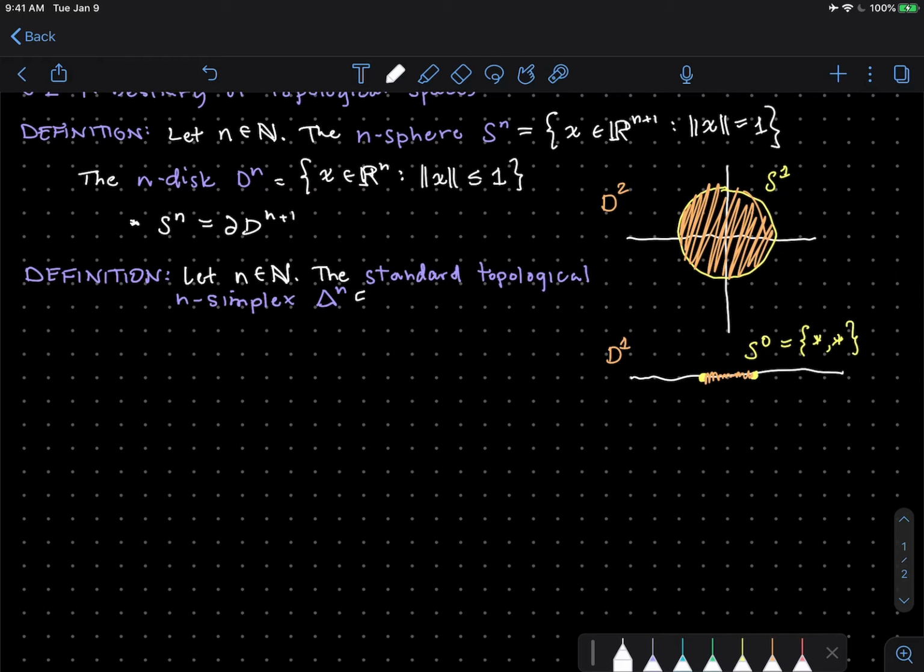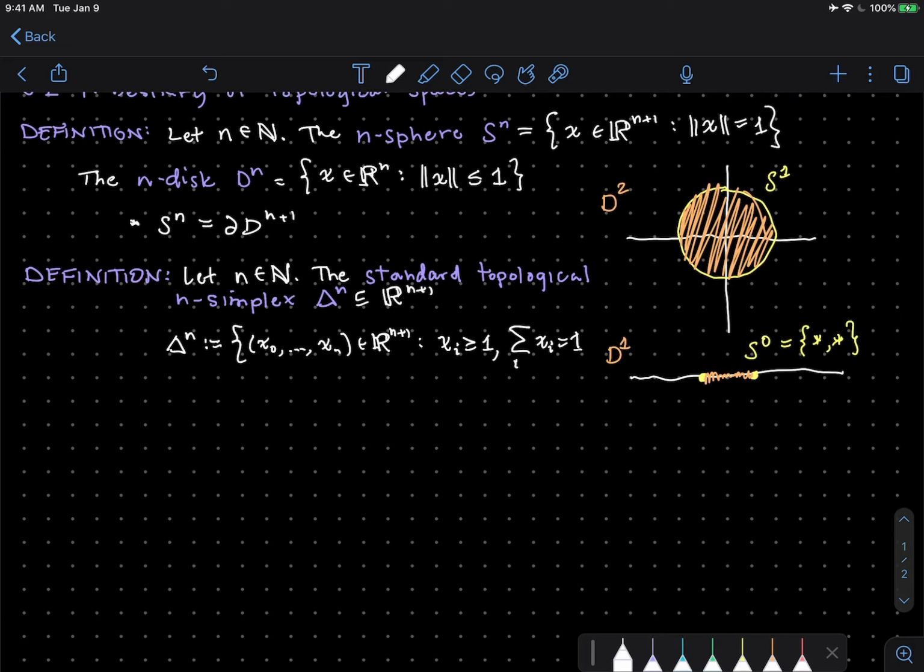It's defined as a subspace, once again, of Rn plus 1. The definition is that delta n is going to be the set of all tuples x0 through xn in Rn plus 1, such that all of the xi are non-negative, and the sum of all of the xi is equal to 1.